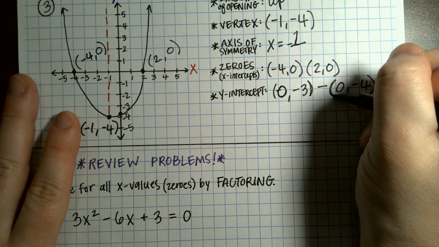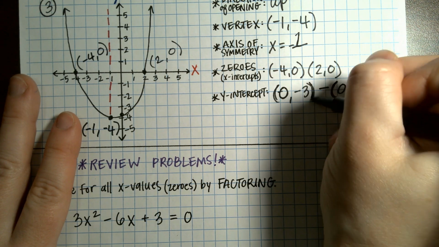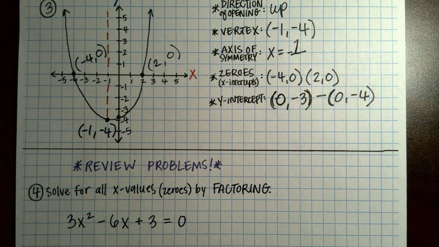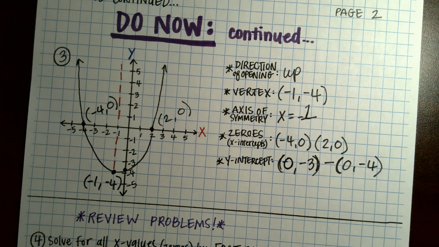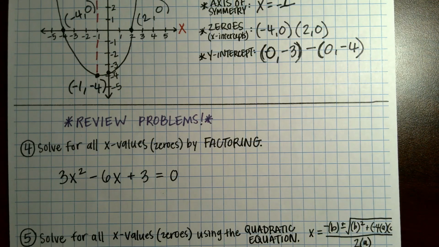Great. Either one is fine with me. On a graded assignment, I'll always make sure that I'm not giving you something like this, but this was for participation. I just wanted to see if we could do it, which we did. Wonderful. Any questions about all of these before we go to the review problems?